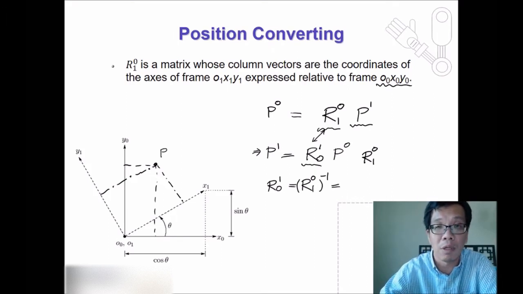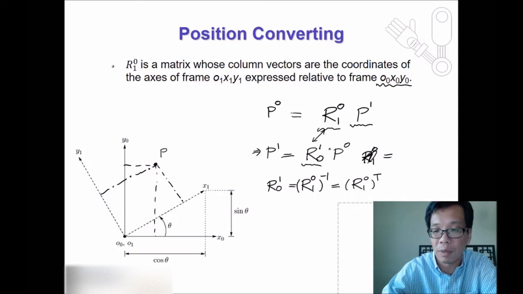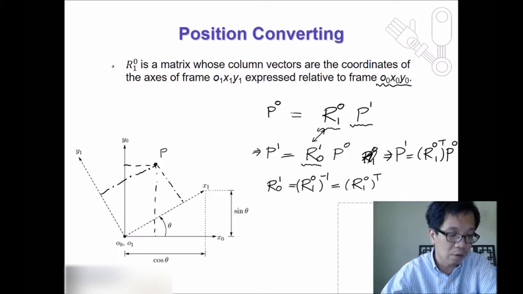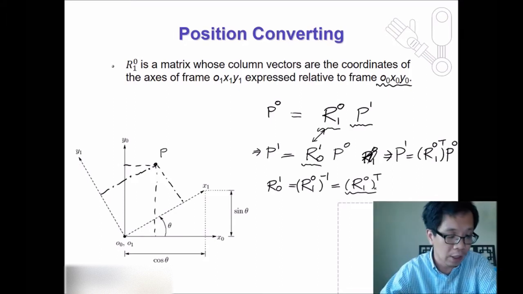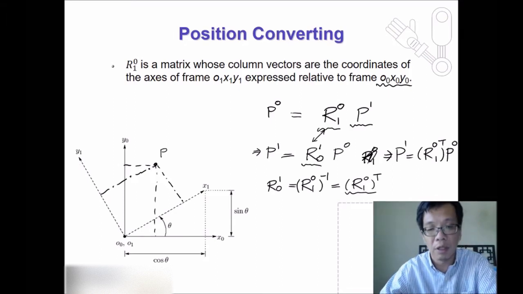But since we are dealing with unit vectors, this is just a transpose of the matrix over here, which means if you try to do something like this, P1 is actually R1,0 transposed times P0. So if we know how to deal with the transformation over here, we can actually come up with the position from one frame to the other frame.